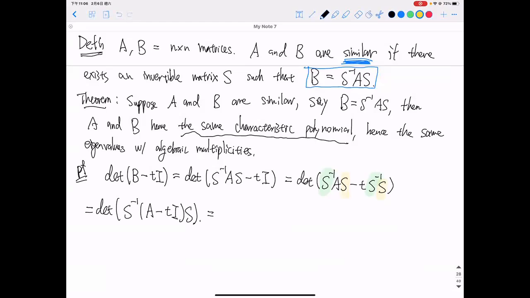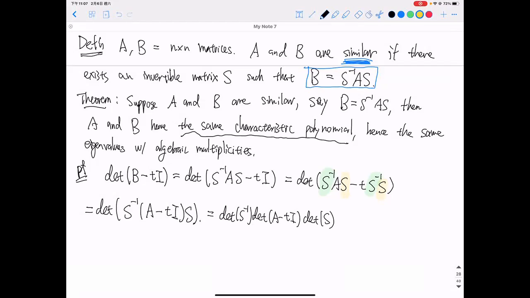Now you remember a property about determinants: if you have a product of two matrices, the determinant of the product is the product of the determinants. So in this case, we are looking at the determinant of S inverse times the determinant of A minus tI times the determinant of S.